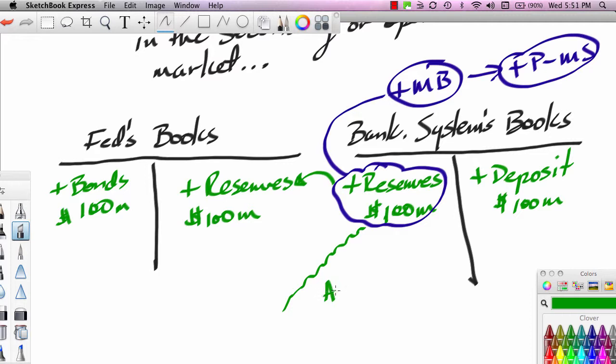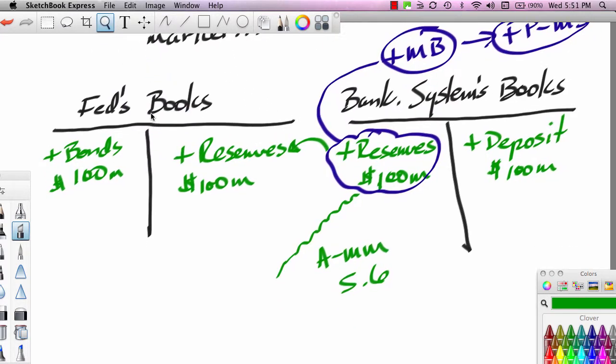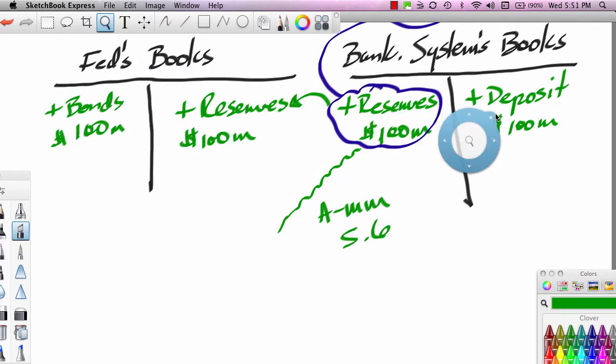So if the actual money multiplier is, let's say, 5.6, then what's going to happen here? This deposit creates reserves. Most of these reserves are going to be loaned out. Those loans are going to create deposits. Those deposits are going to create reserves. Those reserves are going to lead to loans, and you're going to have an expansion.